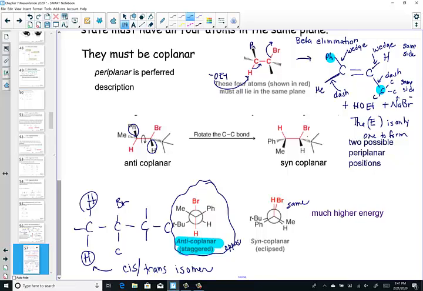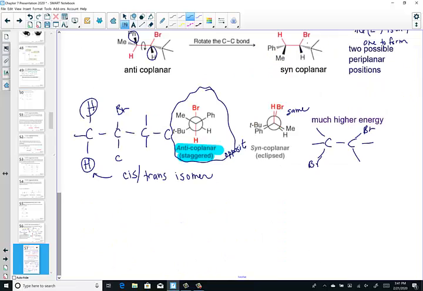So what we're saying is, here's just another way of saying it, if bromine is a solid line, hydrogen must be a solid line. Or if you see this carbon and you have, let's say, the dash and a wedge system, if this bromine is on a wedge, this hydrogen has to be on a dash. That would also be anti-periplanar, opposite sides.